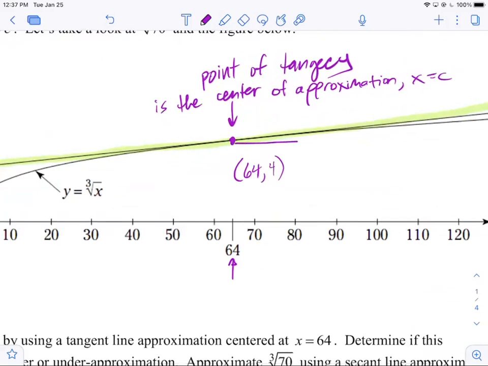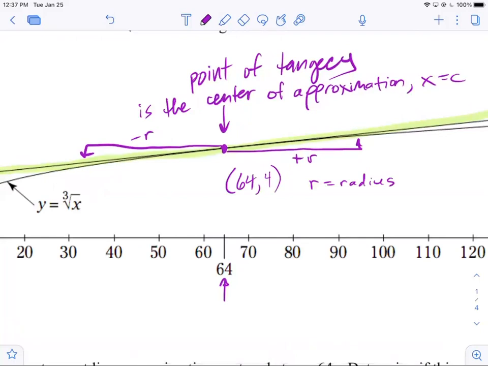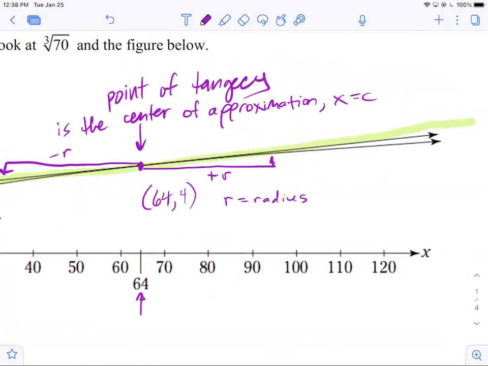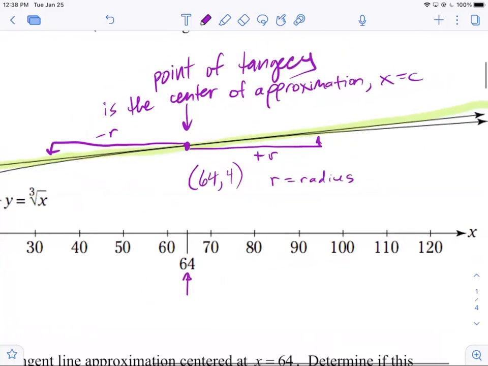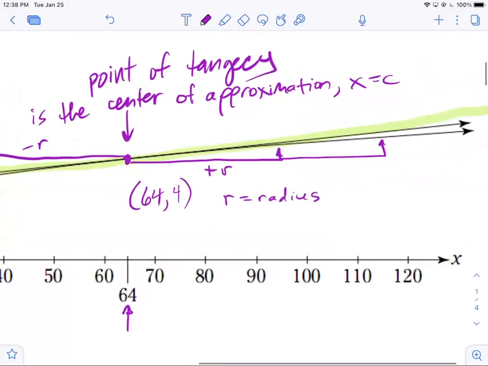But if I go left and right by a certain amount, call it plus r and minus r, where r is the radius, I can go left and right of my center of approximation and get pretty good results if I'm using the line to approximate the curve. Depending on the curve itself, this one is pretty flat out there, that radius might be bigger or smaller. So notice that after a while, though, it's not going to be any good.